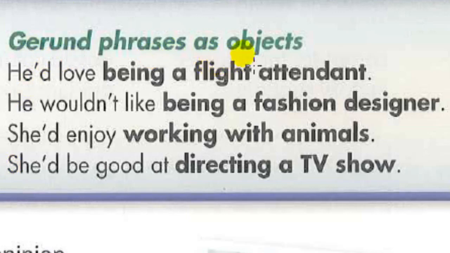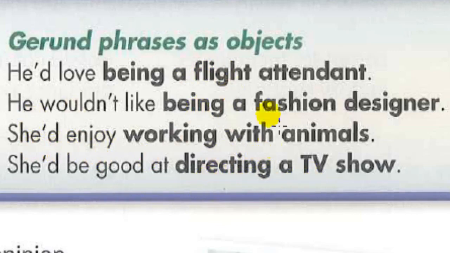So here, the object, we have sentence: subject, verb, object. But this object has gerund, and gerund means verb plus ing. When I say, for example, he'd love being a flight attendant. He wouldn't like being a fashion designer. He'd enjoy working with animals. He'd be good at directing a TV show.